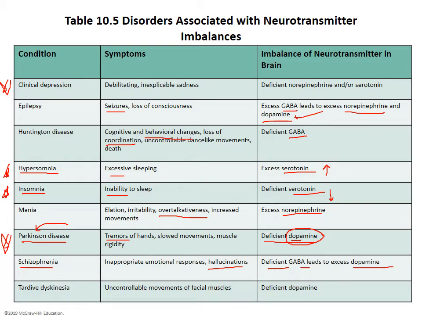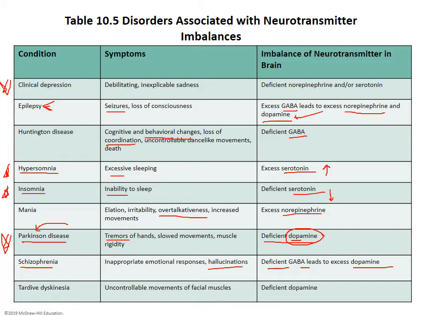And then the excess dopamine, we looked at one with an excess dopamine, which was up here at epilepsy. And remember, it was seizures and loss of consciousness. So this is kind of like a combination of those, where you're just kind of all over the place. Again, that's not one I'm putting a star next to.